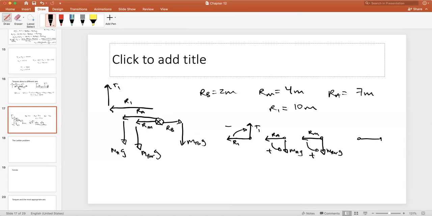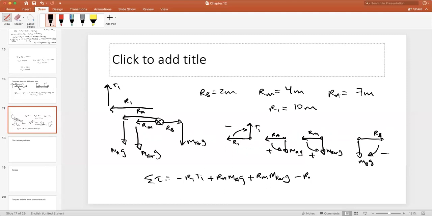And lastly, RB, MB times G. This is clockwise, which is negative. So make sure you understand those torques. You're going to get plenty of practice on torques with these types of problems. So the sum of our torques is negative R1 T1 plus RA MA G plus RM M bar G minus RB MB G is equal to 0.